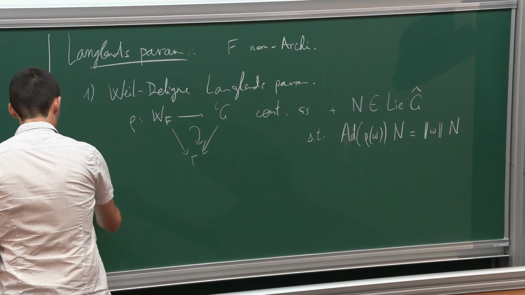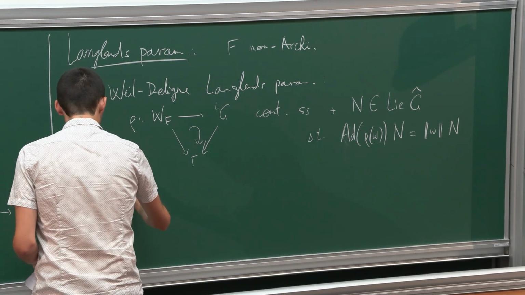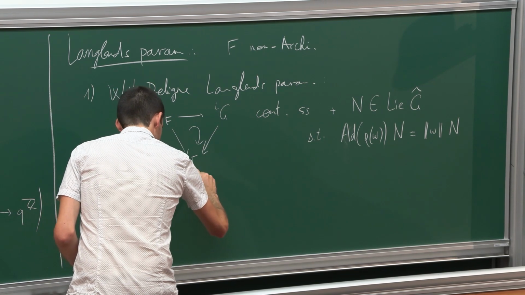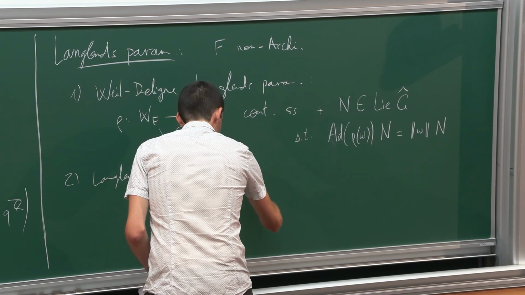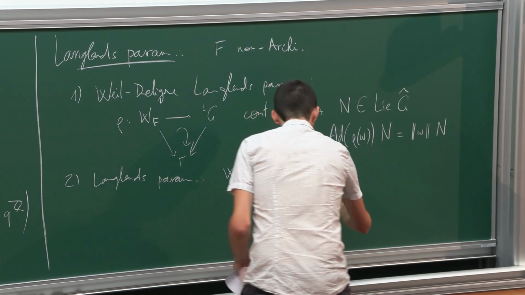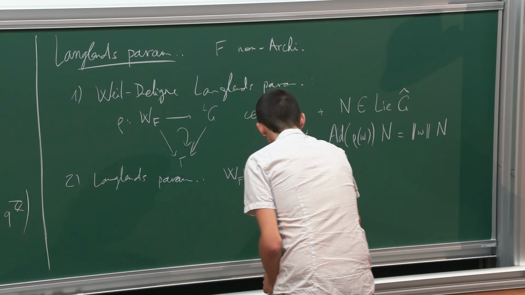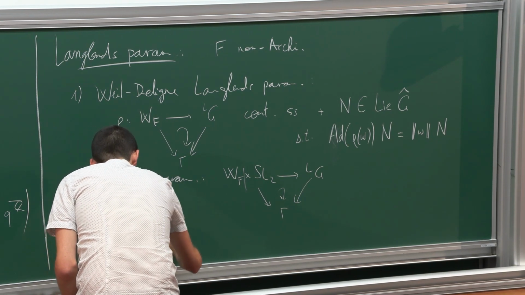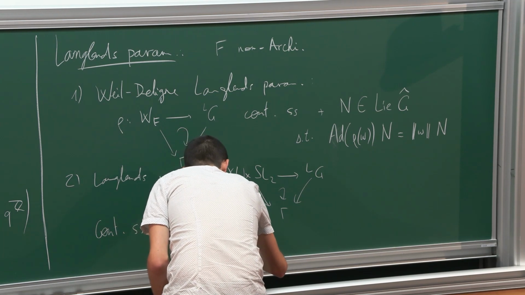And for the second version, so that's what we will call Langlands parameters. So it's similar, but now it's continuous semi-simple on the Weil group and algebraic.